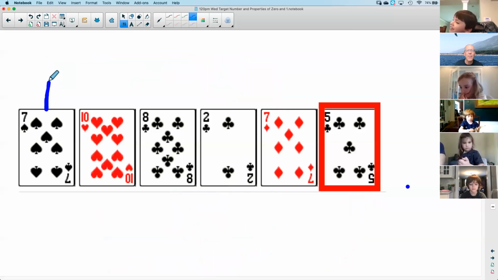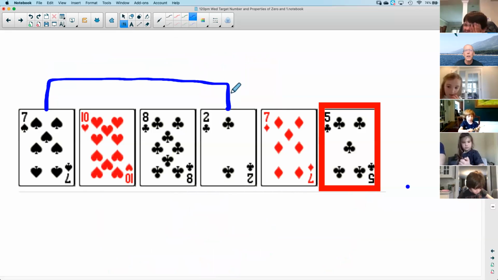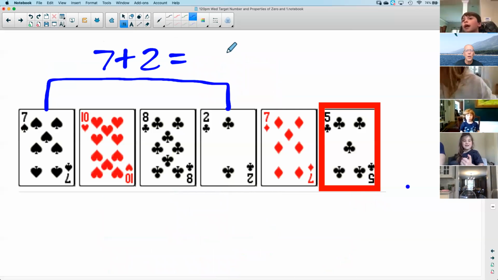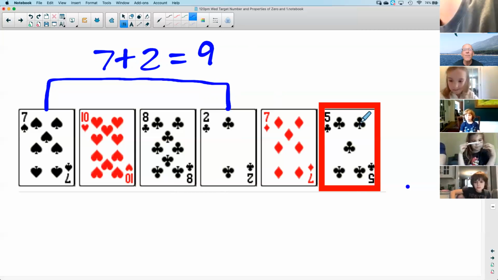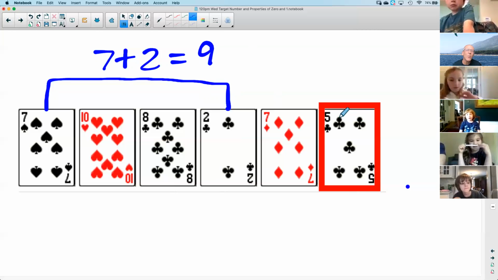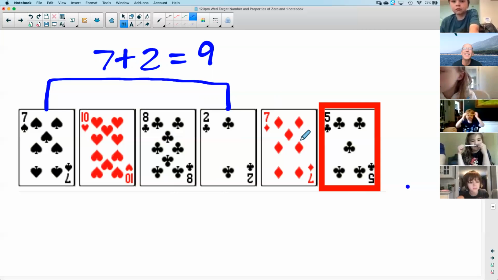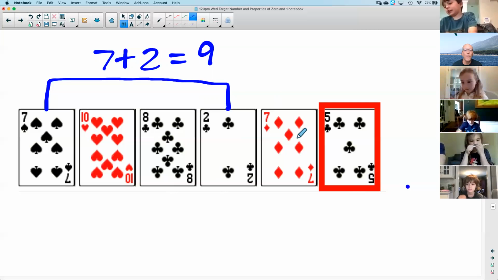Okay, so add 7 and 2, and what do you get? 9. 9 is correct. How are we going to get from 9 to 5? Any ideas? We have to take away 4. But with a 10, an 8, and a 7, I don't know if we're going to get a 4.